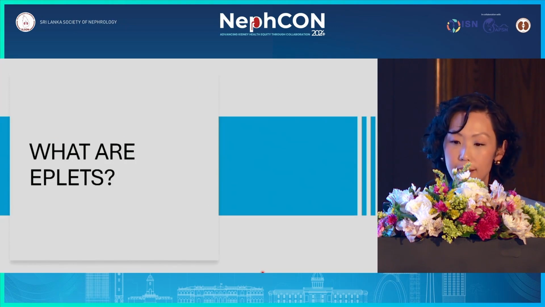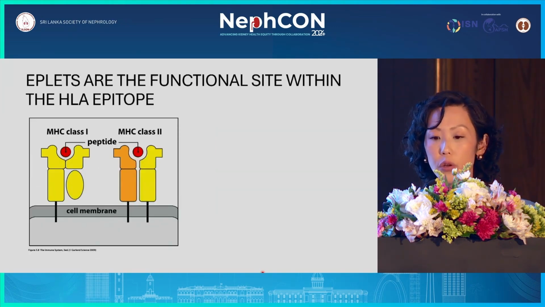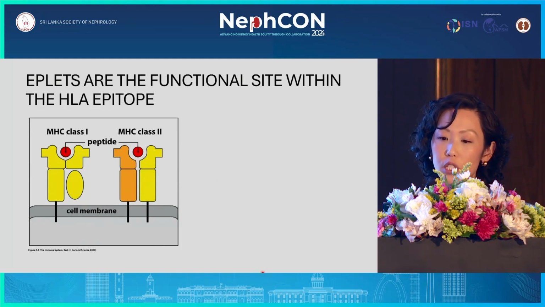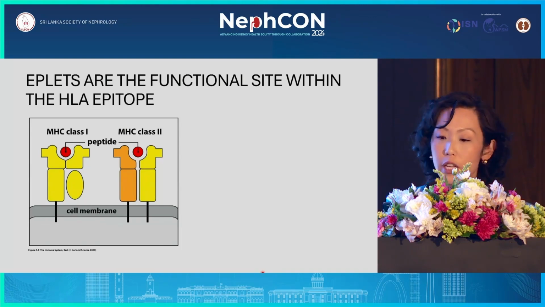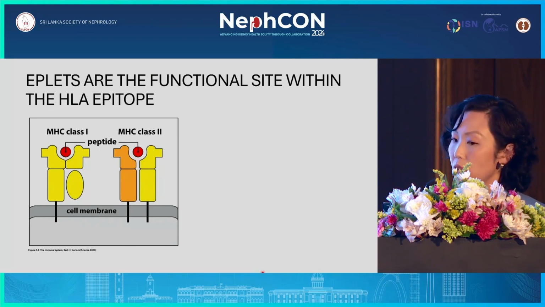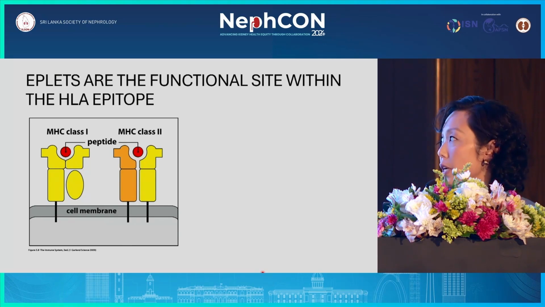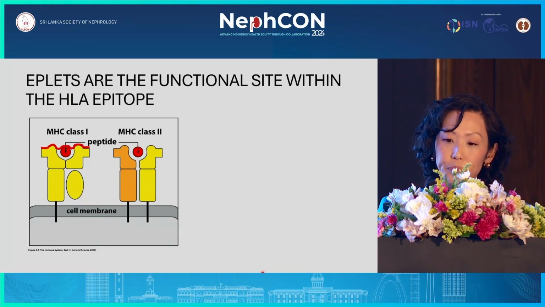So what are eplets? Eplets have been described as the smallest functional unit within the HLA epitope that determines the strength and specificity of donor-specific antibody binding. Let's go back to our little schema of the HLA molecule. The molecule is a membrane-bound protein with alpha and beta subunits, which form a peptide binding groove in the distal surface of the molecule.